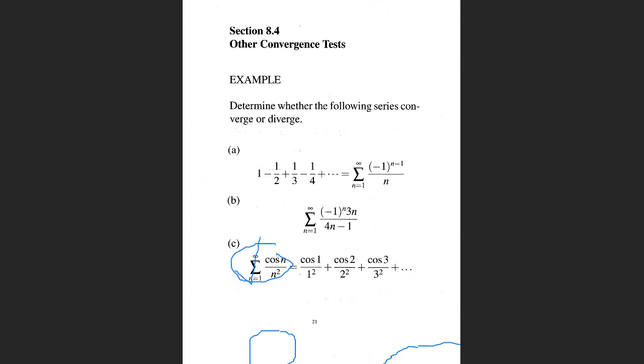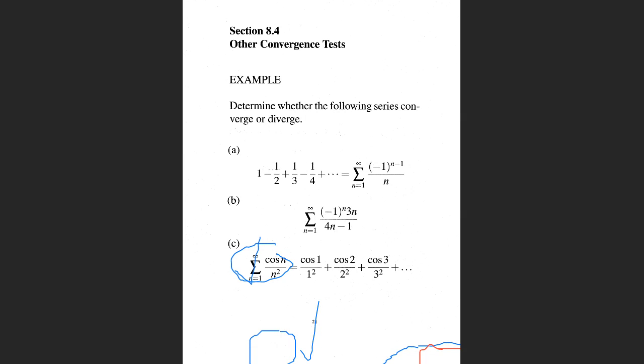Essentially, the terms behave according to -1 to the nth power times 3n divided by 4n, which is -1 to the nth power times 3/4. So when you're far into the series, the terms start behaving like 3/4 minus 3/4 plus 3/4 minus 3/4, and so forth. And the series just never converges. Formally, we showed that with the test for divergence.